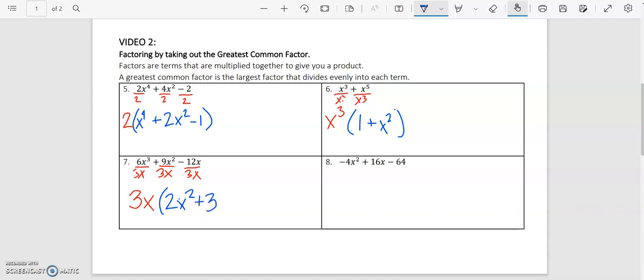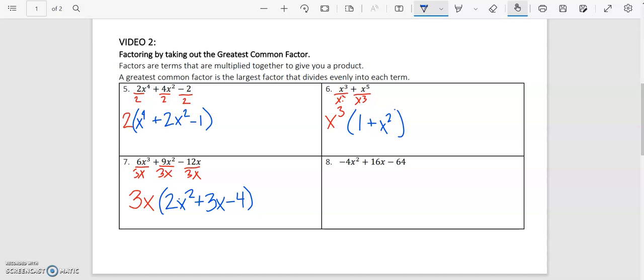X squared and x, if we take our greatest common factor away, take away one of those x's, we're going to be left with an x. And then lastly, negative 12, keep that negative sign with it. Negative 12 divided by 3 gives us negative 4. And then x divided by x is just 1, so those are going to simplify out, so we're not going to have an x term at the end of that.